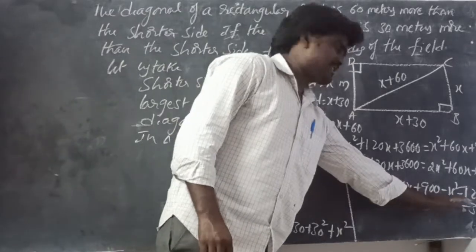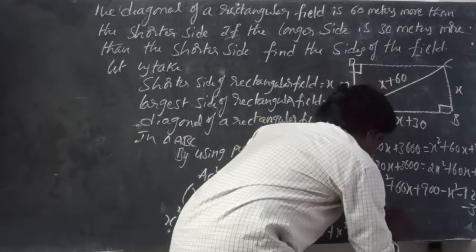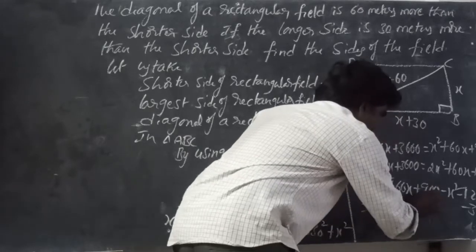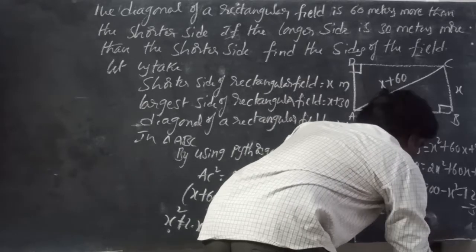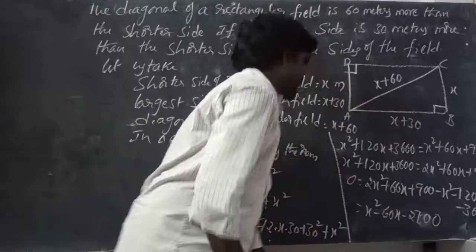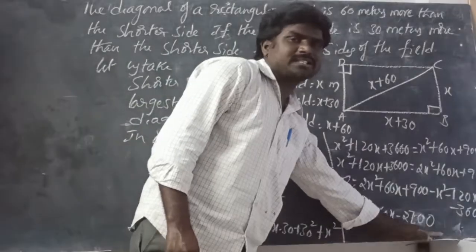2x square minus x square is x square; 60x minus 120x is minus 60x; 900 minus 3600 is minus 2700. So 0 is equal to x square minus 60x minus 2700.